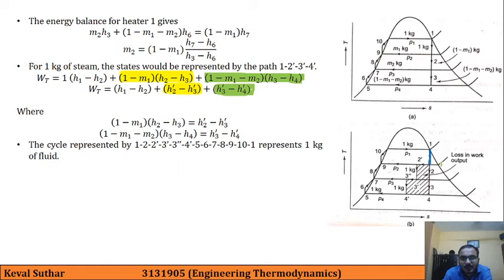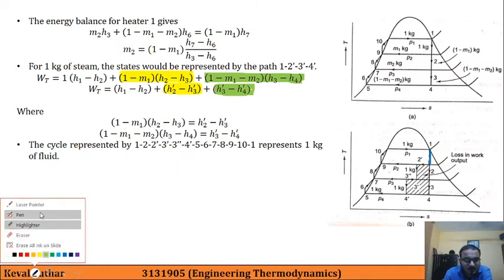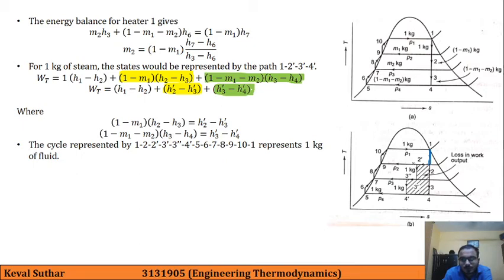So this whole cycle, let me show this cycle here, 1 to 2, 2 to 2 prime, 2 prime to 3 prime, 3 to 3 double prime, and then 3 double prime to 4 prime, and the remaining is usual cycle, that is over here 4 prime to 5, 6 to 7, 7 to 8, 8 to 9.